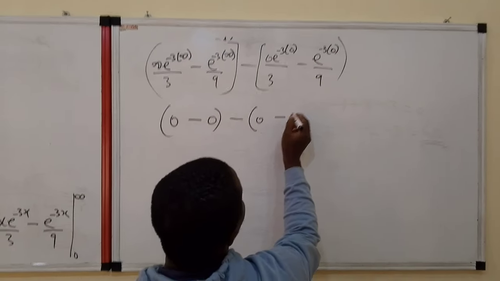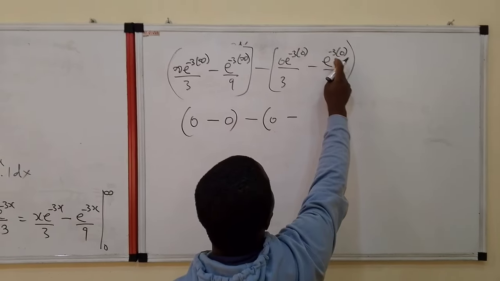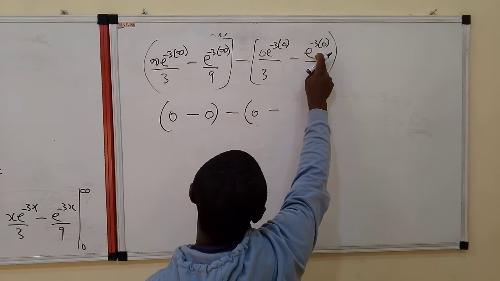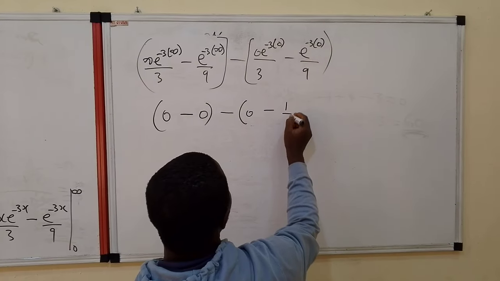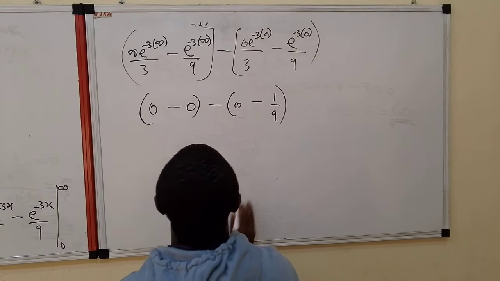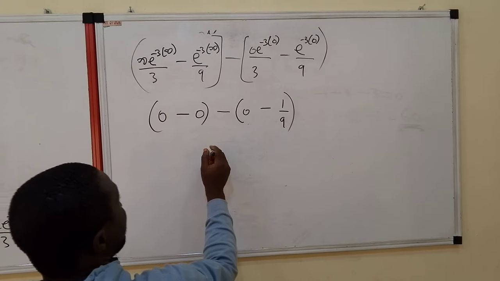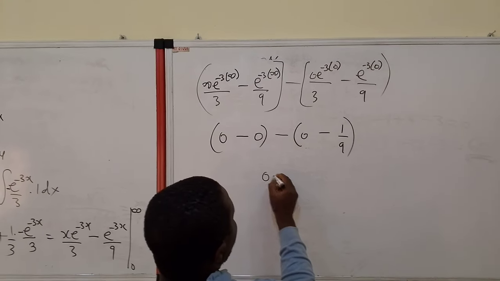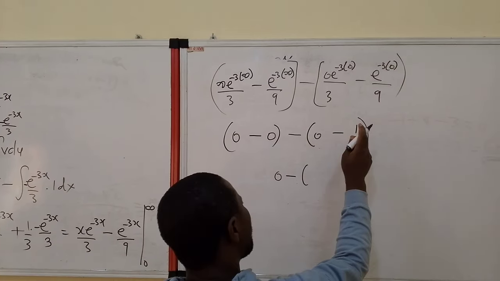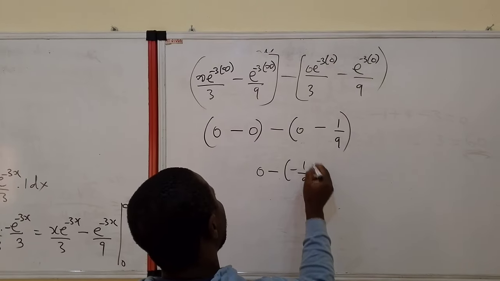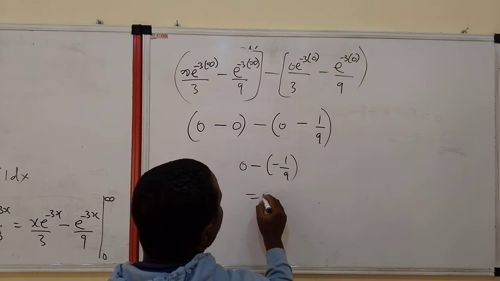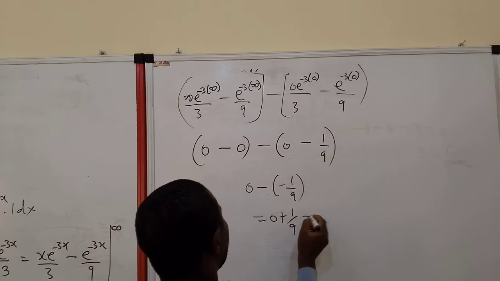Then I have exponential minus 3 times 0 is 0. Exponential 0 is 1, so I have 1 over 9. I have 0 minus 0 is 0. Then I have 0 minus 1 over 9 is minus 1 over 9. I have 0 minus, minus 1 over 9, which is 0 plus 1 over 9, which equals 1 over 9. So that's my answer.